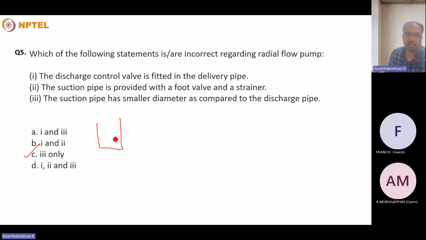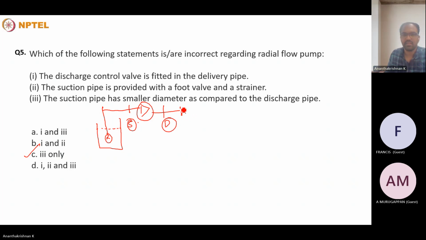The schematic of the entire pump line for the piston. This is the suction pressure gauge, and this is the delivery pressure gauge.